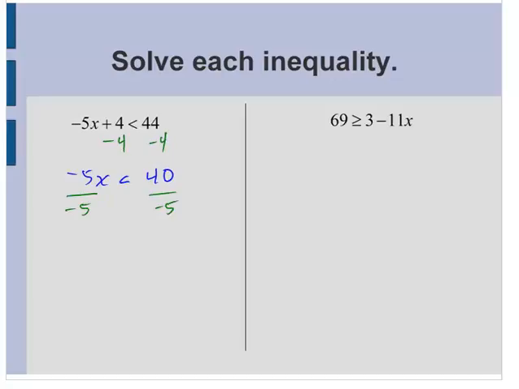But now I must remember, since I'm dividing by a negative number, I must flip the symbol of inequality. It was a less than, now it is a greater than. x is greater than negative 8. Why don't you try the other one on this slide on your own?